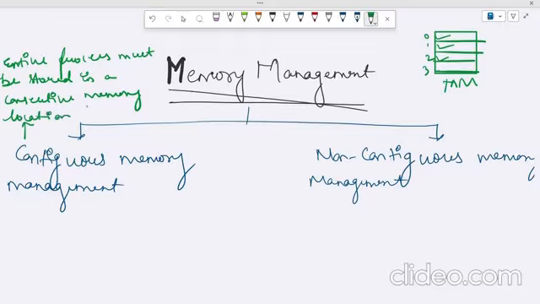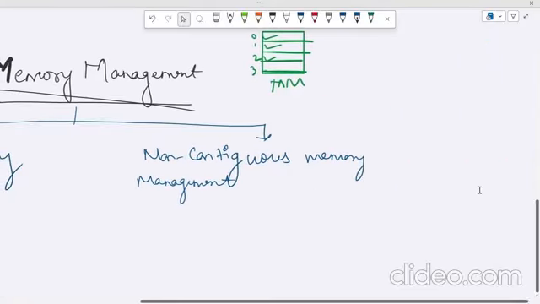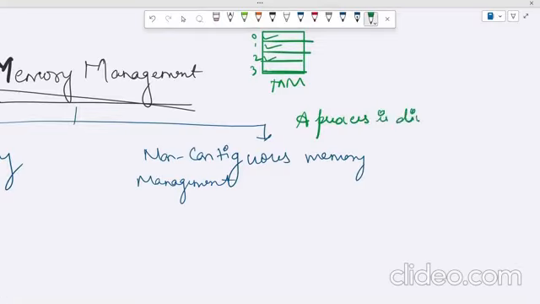And in non-contiguous, a process is divided into multiple parts, and each part is stored anywhere in the memory.